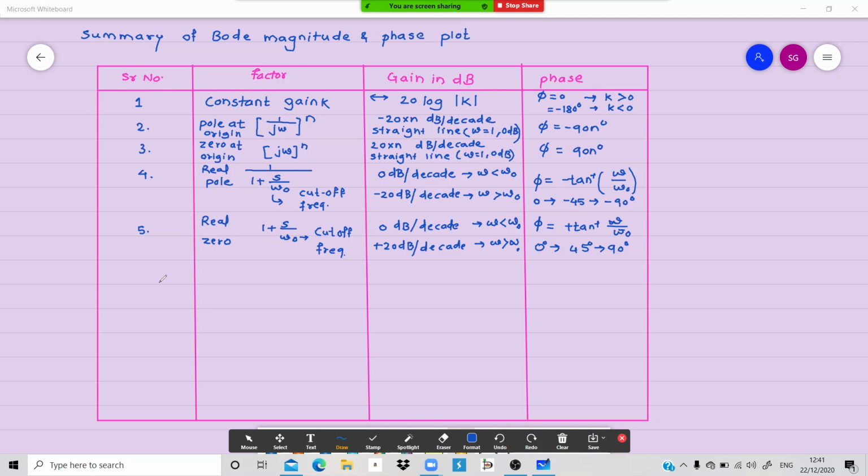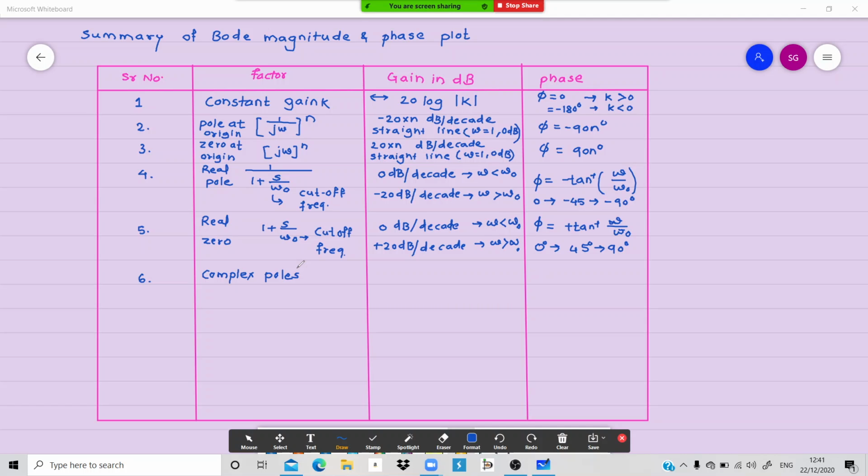Okay. Then the sixth one, the second order pole, or we can say complex poles. In the last lecture we have done the complex poles.